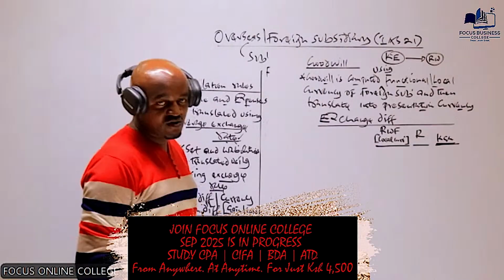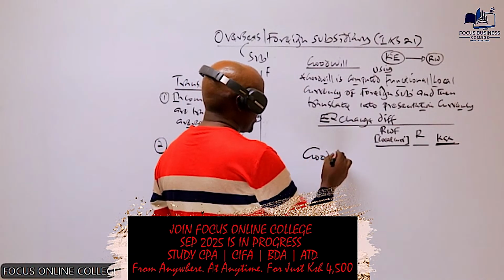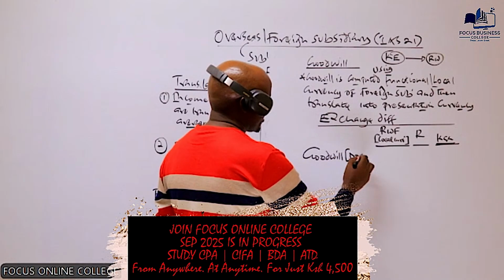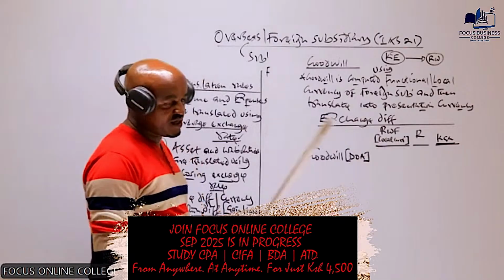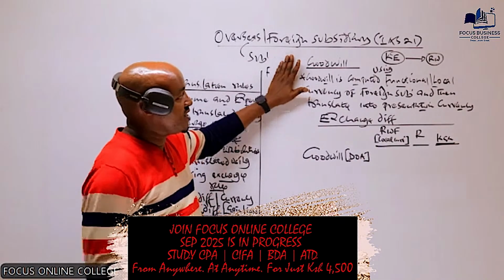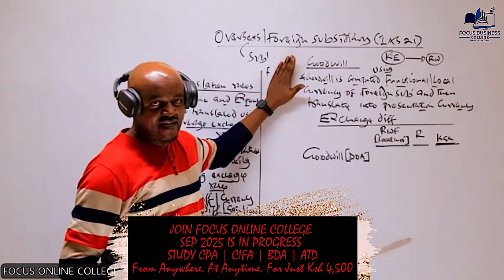which is the Kenyan shilling. Here we always start with the goodwill at the date of acquisition. You'll see in all these questions that the foreign subsidiary is always acquired at the start of the current year.